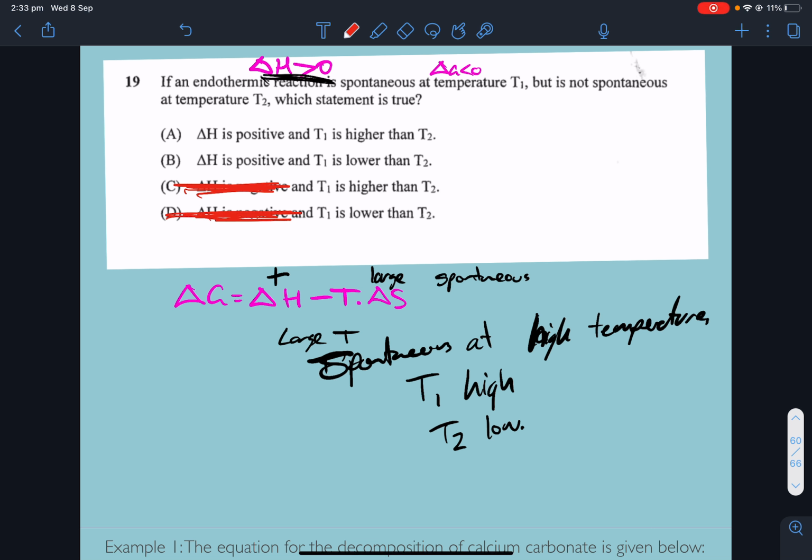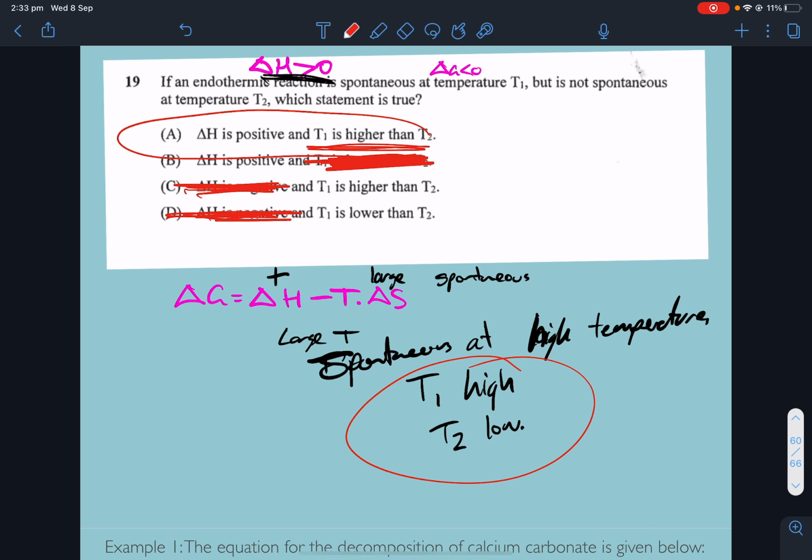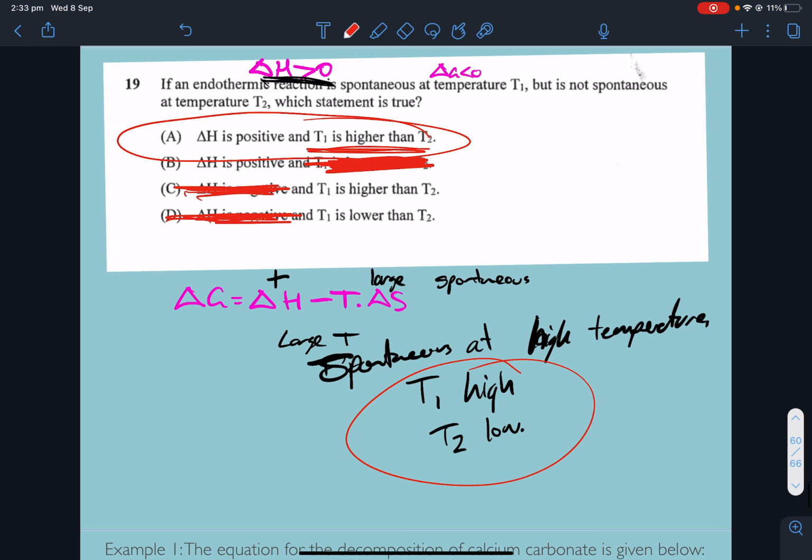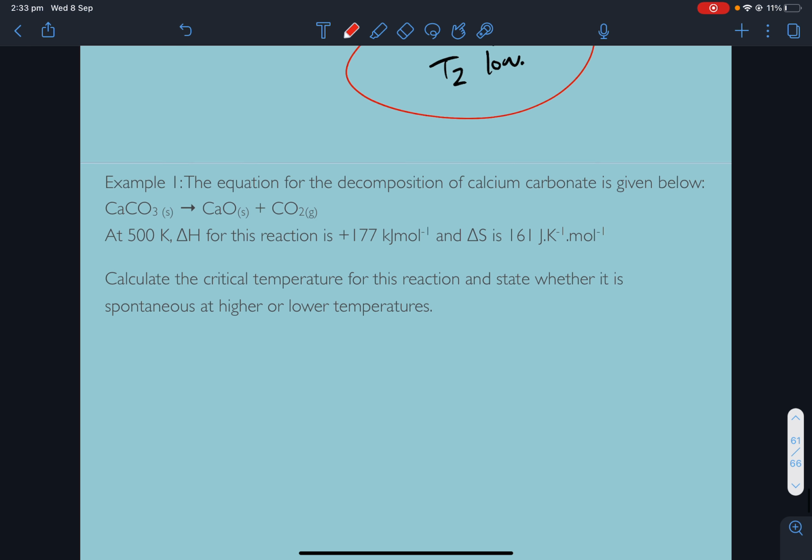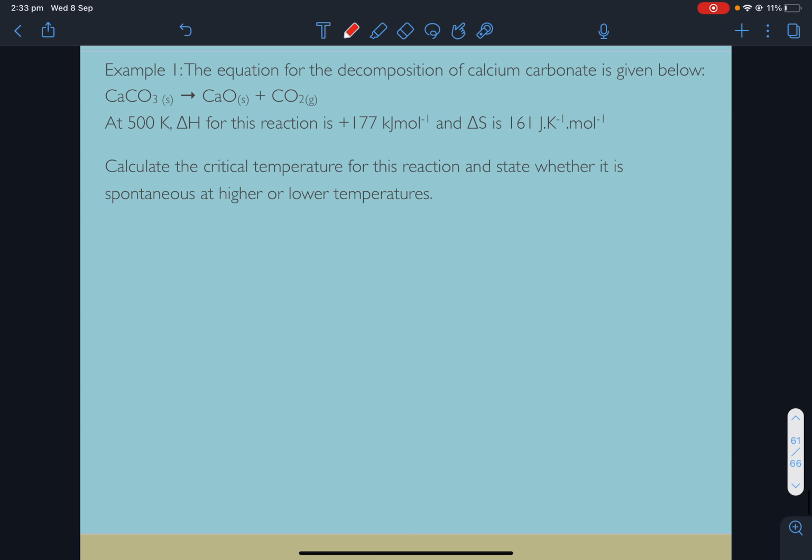And we've just seen that temperature 1 is high and temperature 2 is low. So this one, not this one, is the winner. So this one's A. I like that question. It's a good one. It is a little bit difficult too. Look, it's number 19 out of 20, so feel a sense of achievement if you can get that.